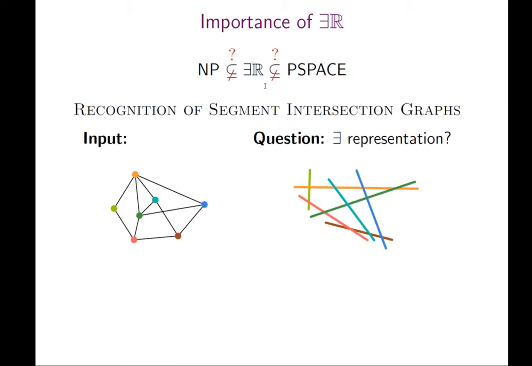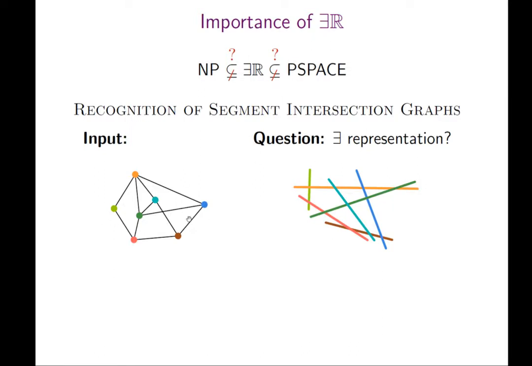Yes, and let's see why this is important. Why is existential-R important? Because many problems that you would think of as maybe being in NP are actually existential-R complete. Let's see one of those problems, which is recognition of segment intersection graphs. As input, you get a graph, and you want to know, can I represent it as a segment intersection graph? So every vertex is represented by a segment, and if two segments intersect, they should have an edge in between.